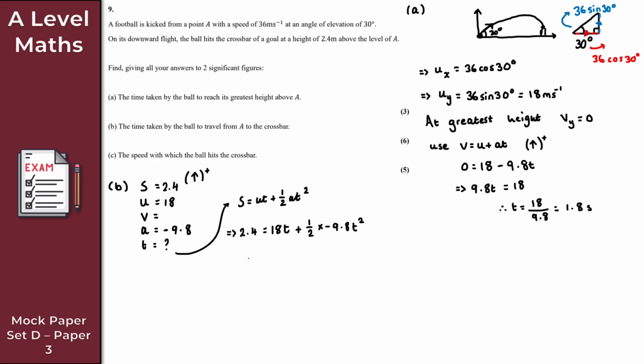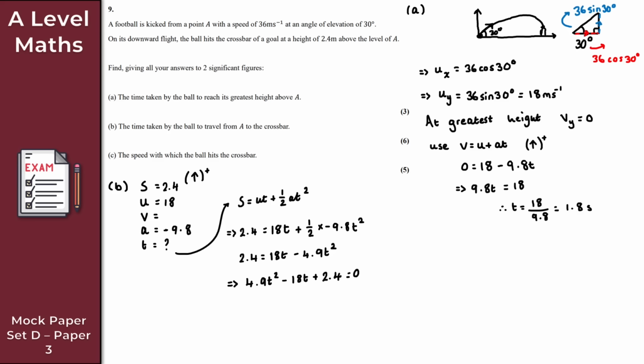I've got 2.4 is equal to 18T, and a half times minus 9.8 is minus 4.9, so minus 4.9 T squared. Altogether we have 4.9 T squared minus 18T plus 2.4 is equal to 0.